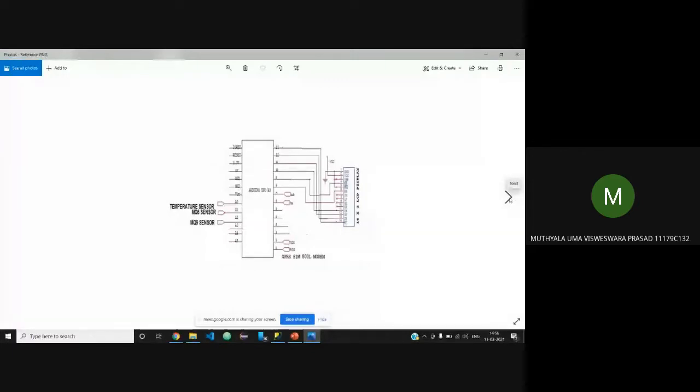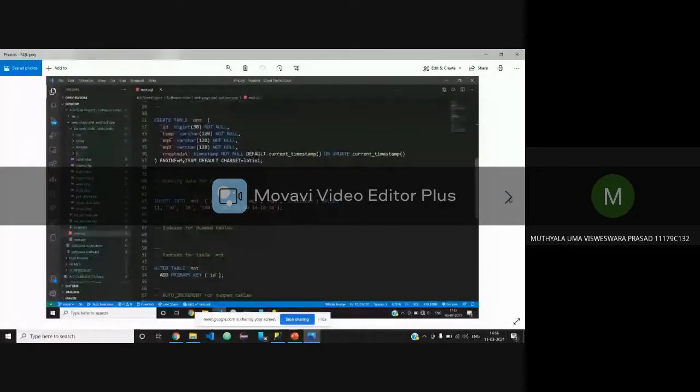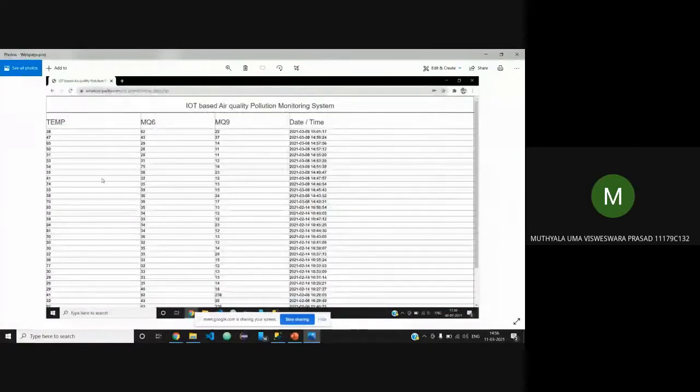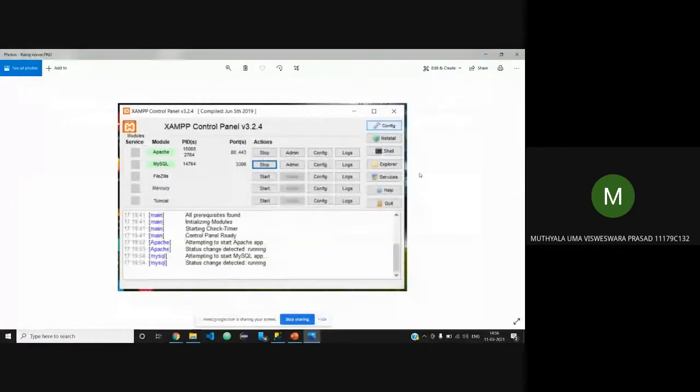This is the SQL code, that is the database code for this project, sir. And this is what the website looks like. This is the PHP server we are using to run the PHP code.